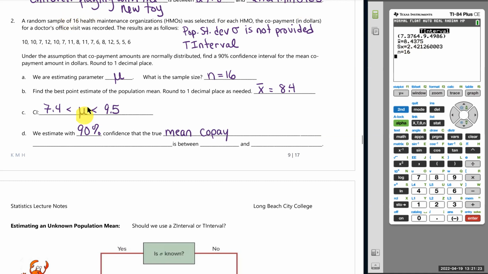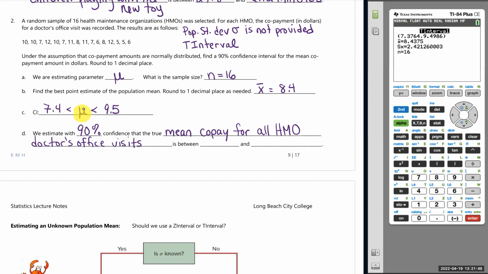We believe this is the mean for all HMOs, so that the true mean copay for all HMO doctor's office visits. See if that sounds right.